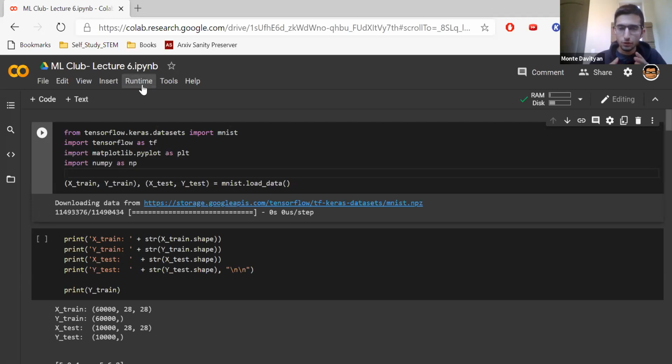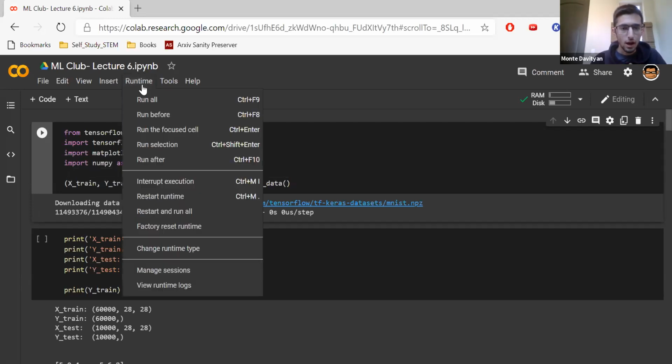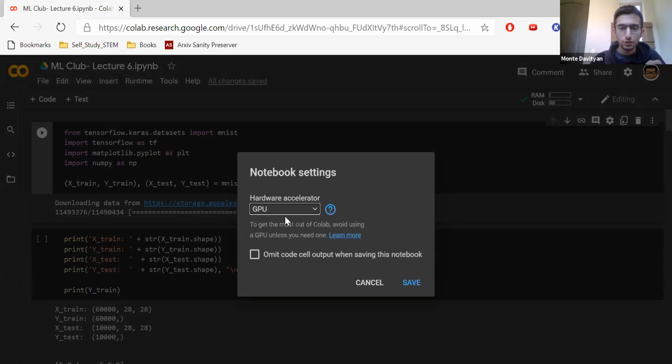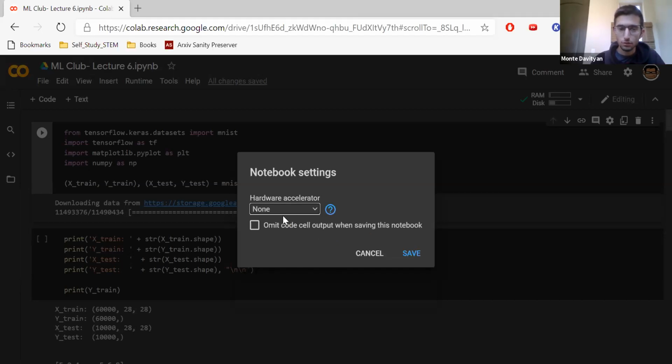When you're running this, I'm not going to do this now, and I'll do both ways, but go into runtime, go to change runtime type, and then change the none to GPU. You'll see why. I'm going to change it to a CPU or none at first, but we're going to need to use a GPU in this case, and I'll show you why.